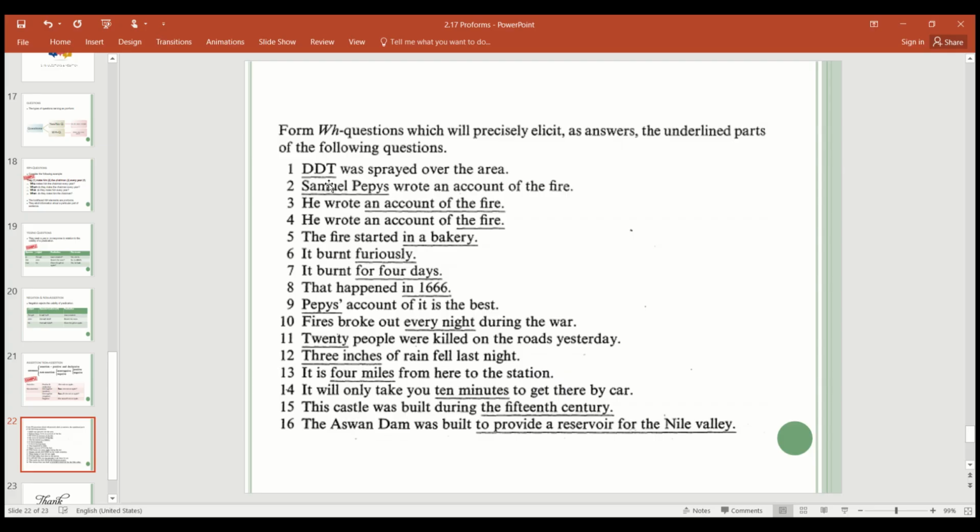So what is the suitable replacement of the underlined element? The first one would be what? What was sprayed over the area? So here again, it's a matter of practicing proforms. The suitable WH element would be what.